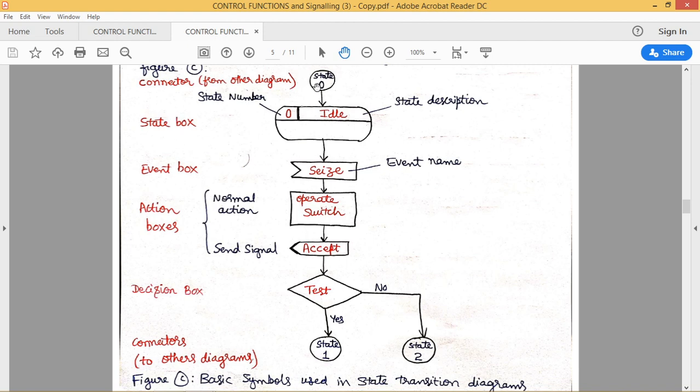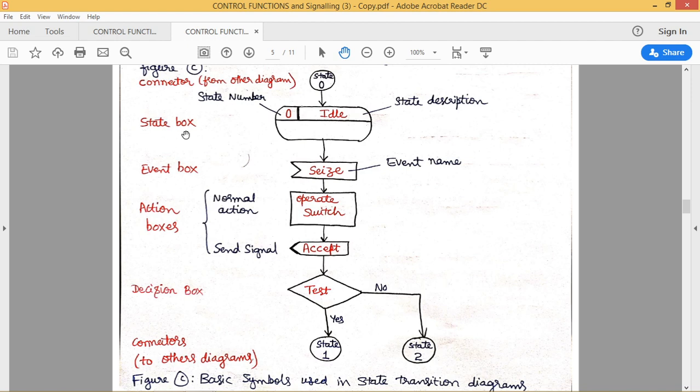We will have a connector. Generally connectors are used for making a connection from another diagram, or from another state transition diagram, or from another state.